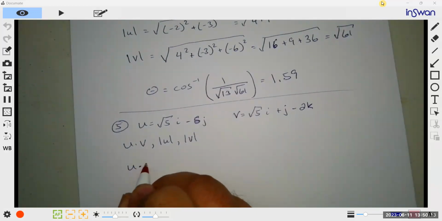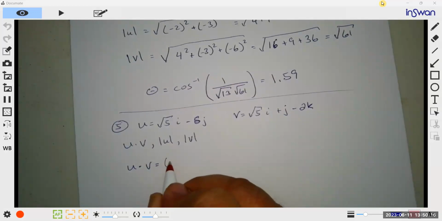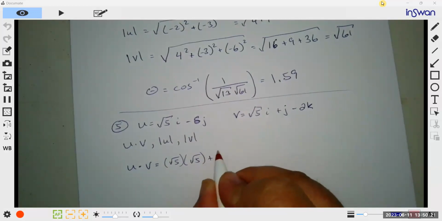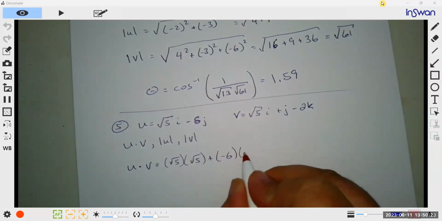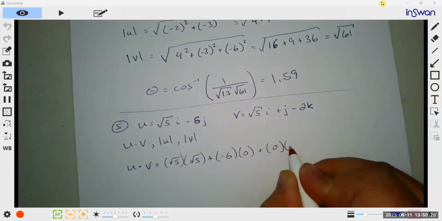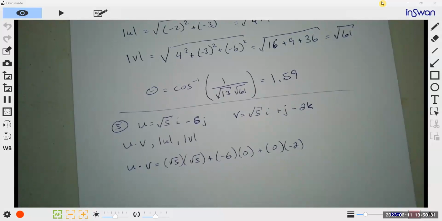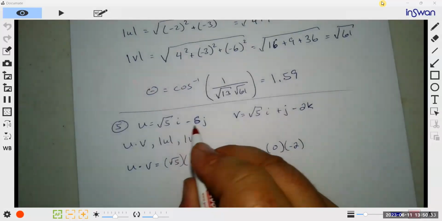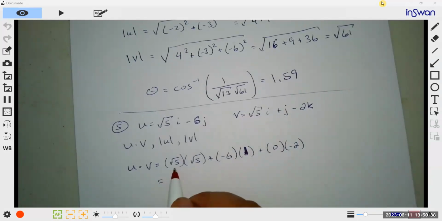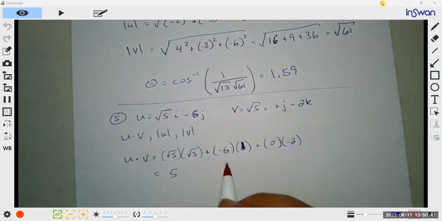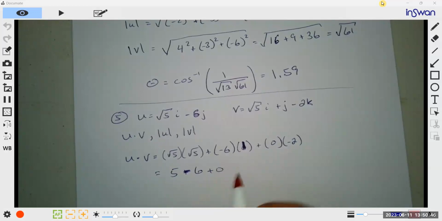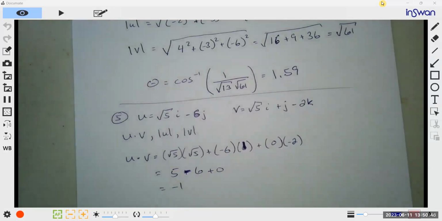U dot v: radical 5 times radical 5, negative 6 times 1, 0 times negative 2. Radical 5 times radical 5 is 5. Negative 6 times 1 is negative 6. Plus 0. So it's negative 1.